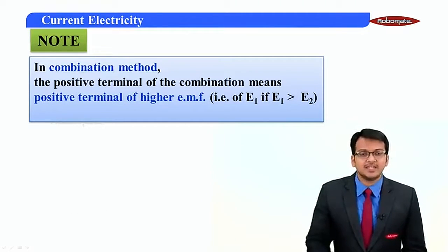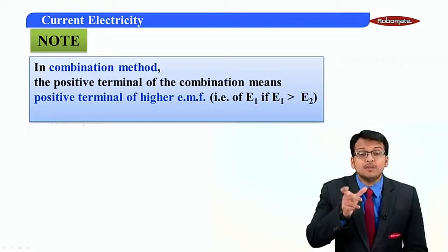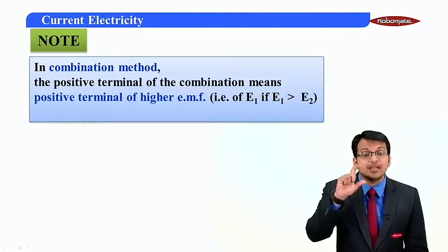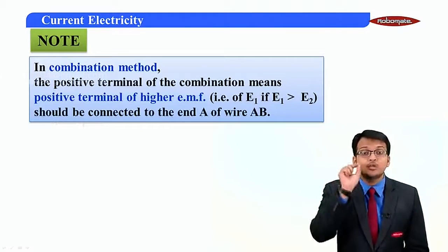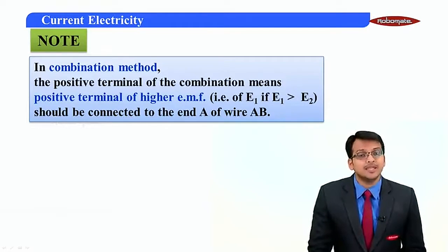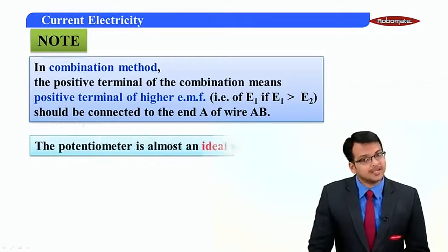So if E1 is 5 volts and E2 is 2 volts, E1 plus E2 is 7 volts, but the positive terminal of the greater EMF, the 5 volt battery, should be connected to the wire at point A. If you remember, wire AB was connected in the potentiometer board. At that point the positive terminal of your greater EMF should be connected.